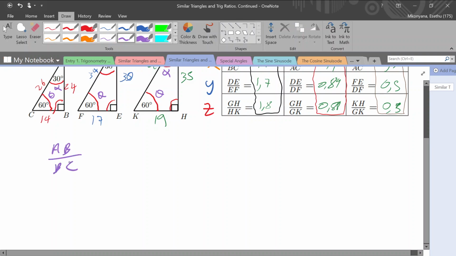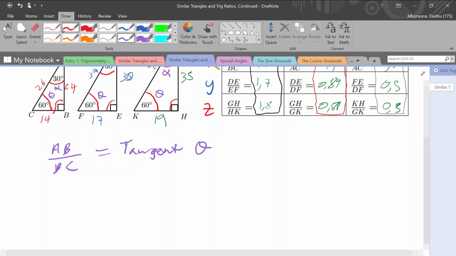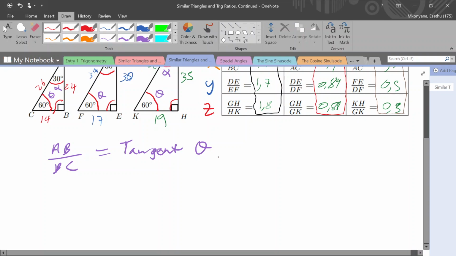We're going to give it a certain term, and we're going to call that term tangent, the tangent of this angle theta. I will explain why we're doing that, and what this tangent means.